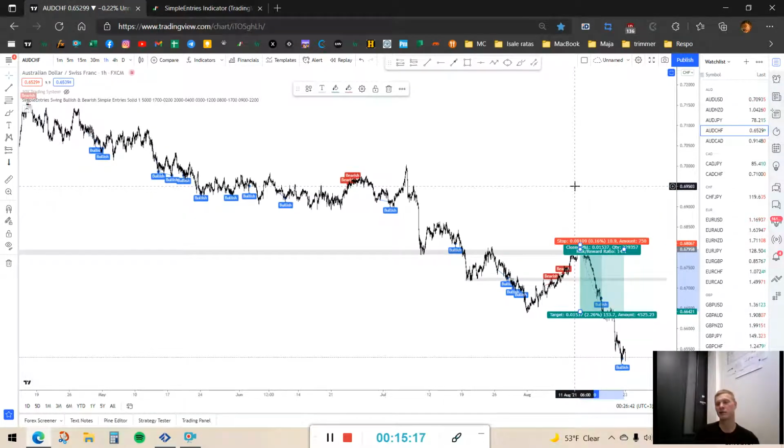Still would have gotten out 8 units of risk, so in my case that's 400. Yeah, 400. So still 100 euros in profit in my case. Am I doing the math right?